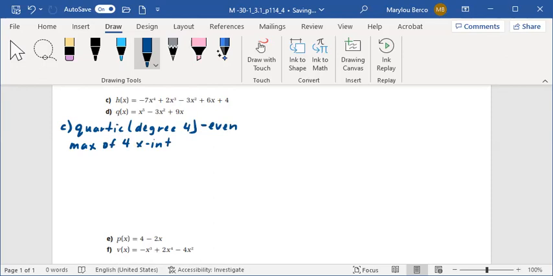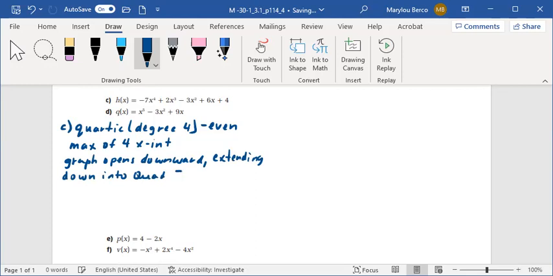And since the leading coefficient is negative, the graph of the function opens downward, extending down into quadrant 3 and down into quadrant 4.